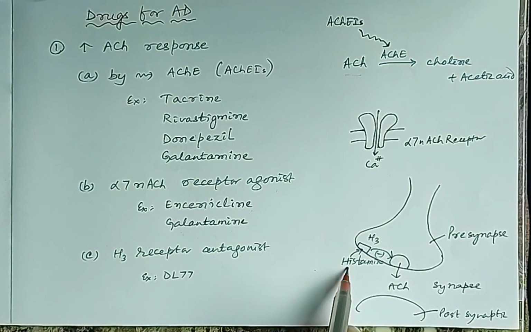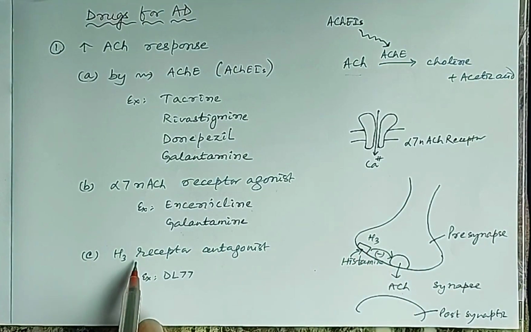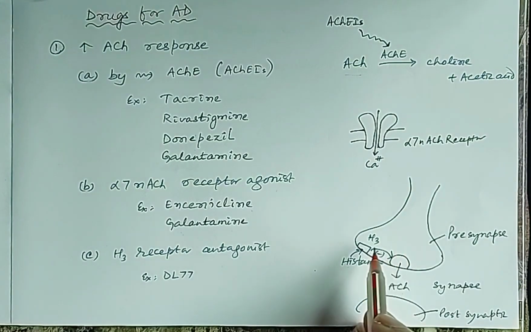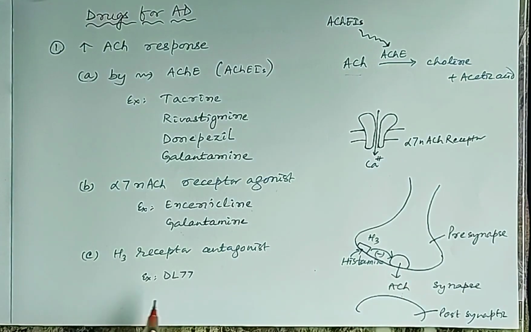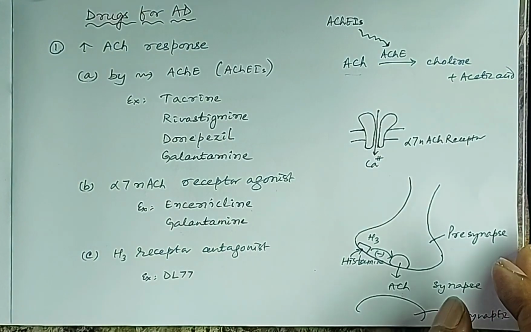So an H3 receptor antagonist will increase the acetylcholine release, so increase the cholinergic function. The code name of the drug is DL77. It is not yet developed and has not yet come to the market.